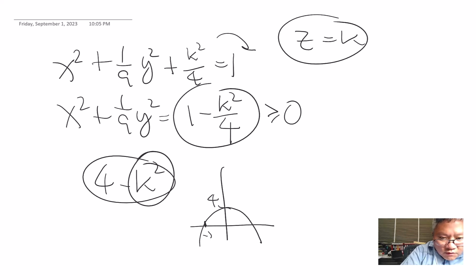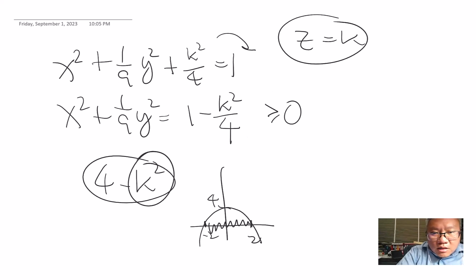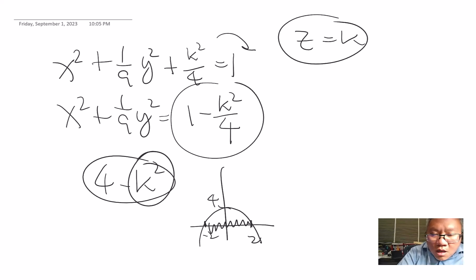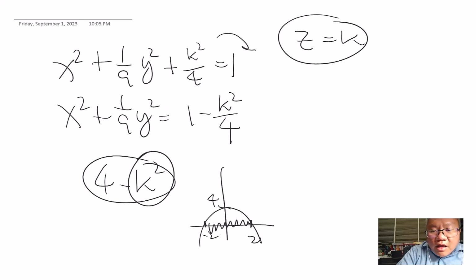So this is -2, this is 2. So you know that this thing here is positive only when your k is between 2 and -2. Let me say that again. Do whatever you need to do to understand this, because some of you might use different methods. But what I'm saying is that this thing here can only be non-negative if your k is between -2 and 2.